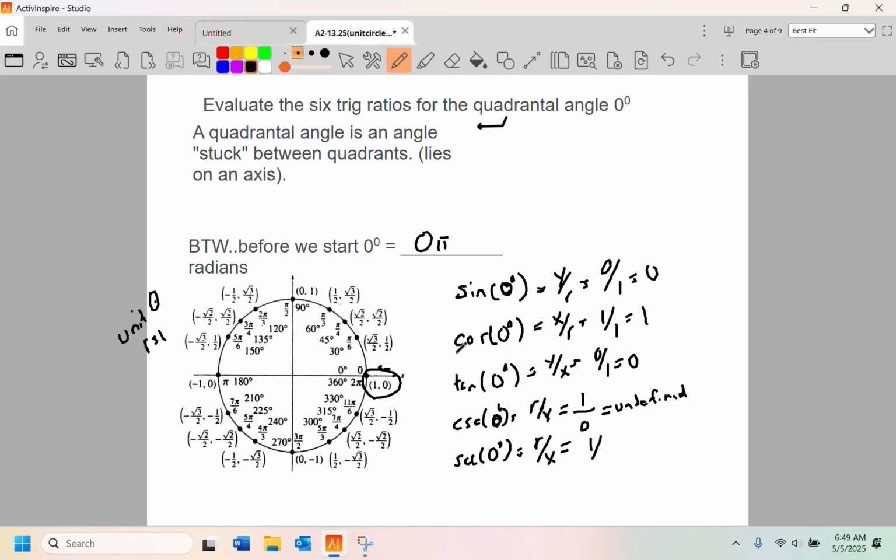The radius is 1, the x-coordinate is 1, so it's 1. And by the way, these are reciprocals. The reciprocal of 0 is undefined. You cannot flip 0. The reciprocal of 1 is still 1. And then we have the cotangent of 0 degrees, which is going to be x over y. So it's going to be 1 over 0, which again is undefined. And that's our quadrantal angle.